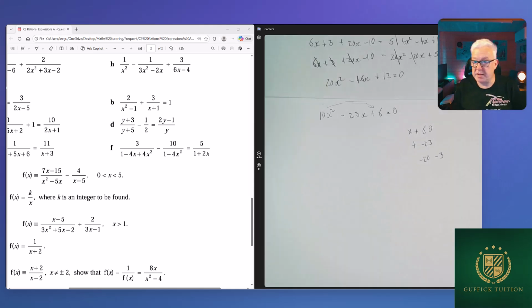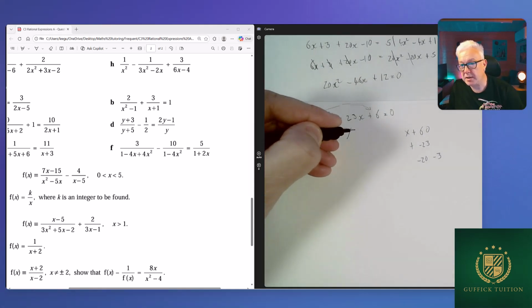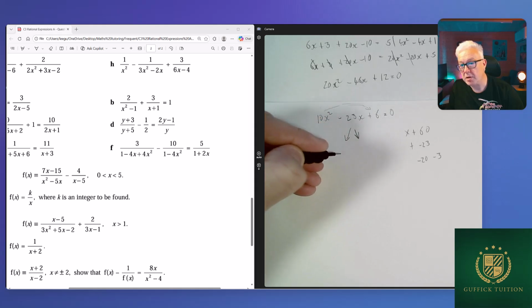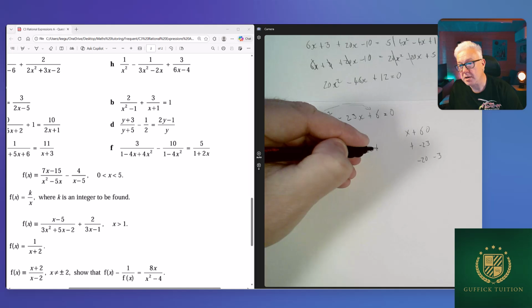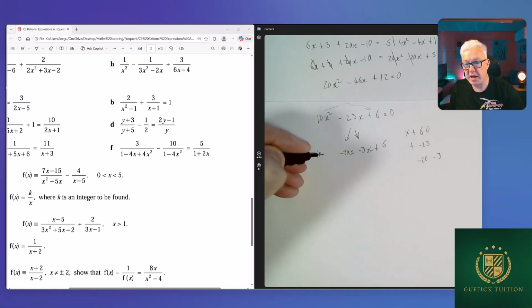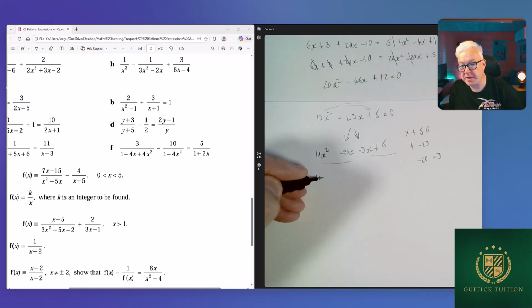So we can basically say that that's correct. So this is going to split this middle term into minus 20x and minus 3x plus 6, and we have 10x squared there.